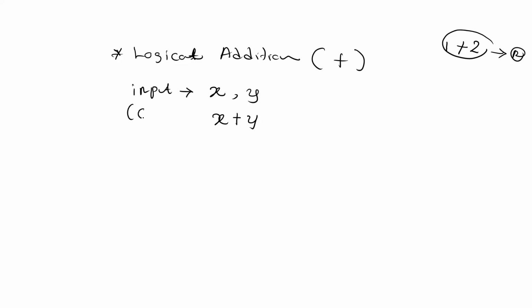That means we can either have 0 or 1, right? For integer values, we consider numbers from 0 to 9, right? In the decimal notation. But here, we can only consider zeros and ones. We are not going to consider other formats for these circuits.